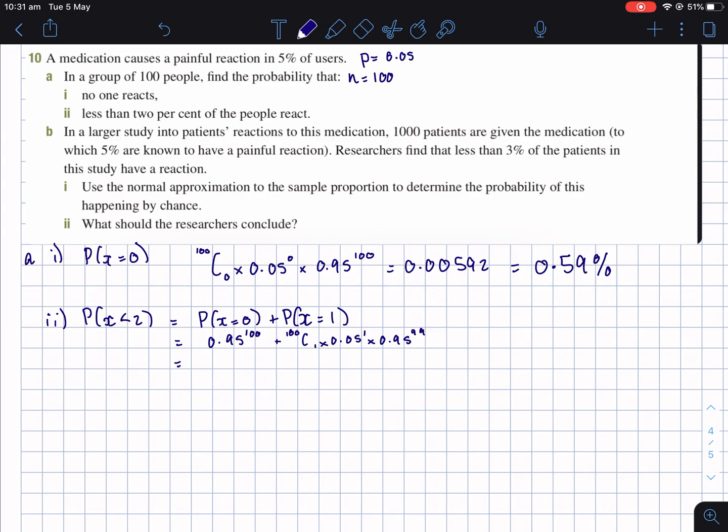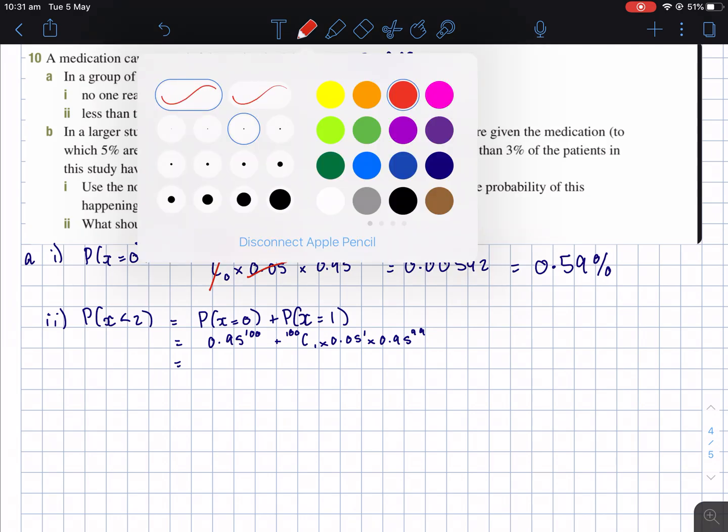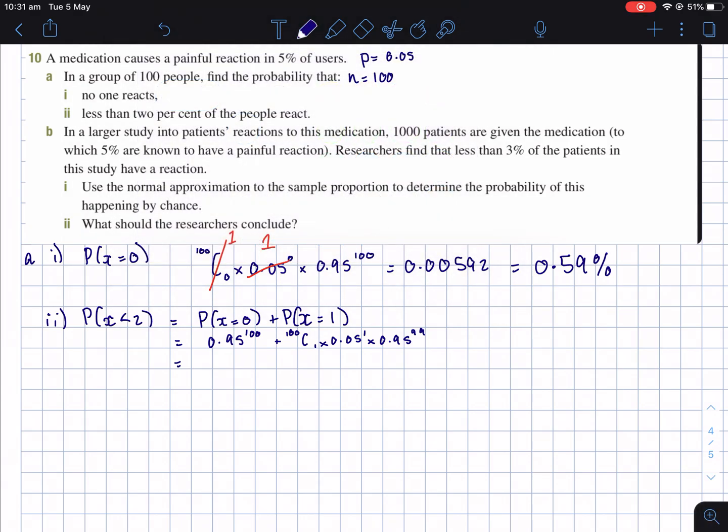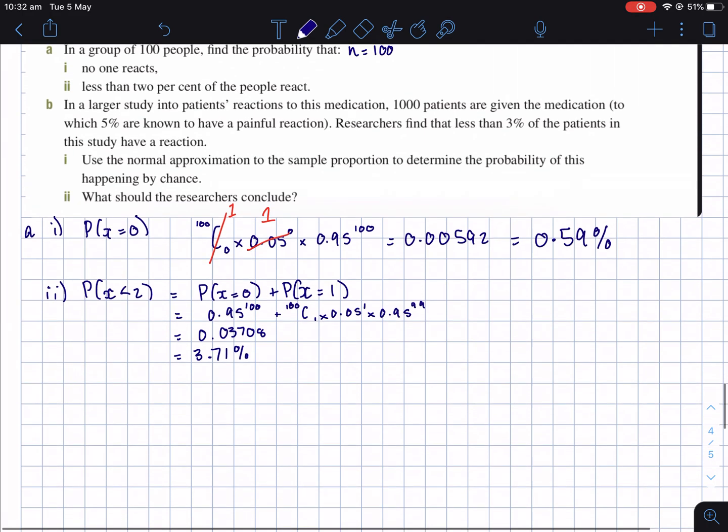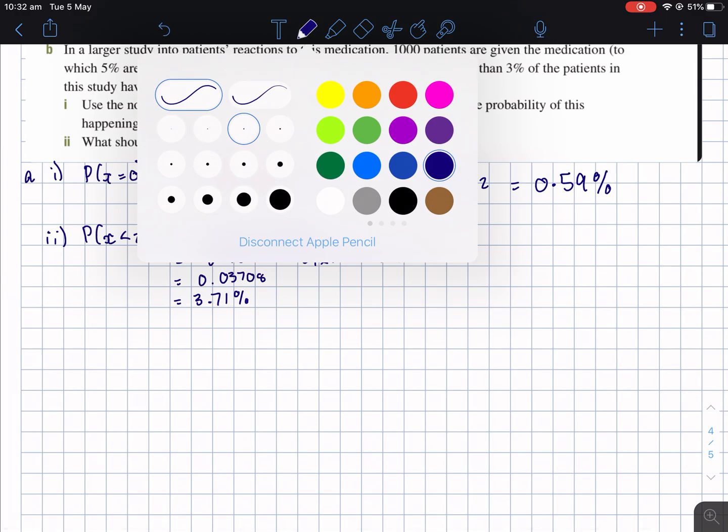Anything C0 is 1, anything to the 0 is 1. Plus 100 C1 will just be 100 times 0.05 times 0.95 to the 99. 0.03708, which is 3.71%.